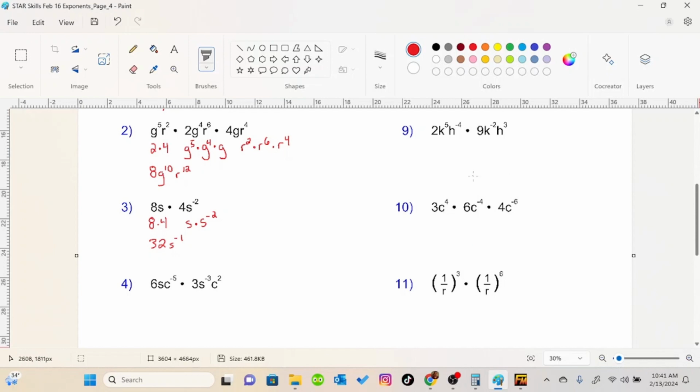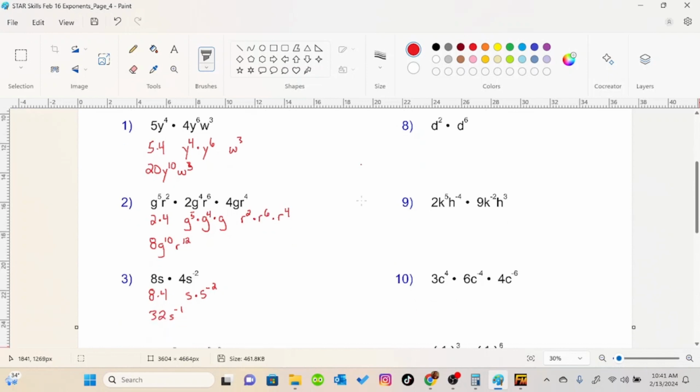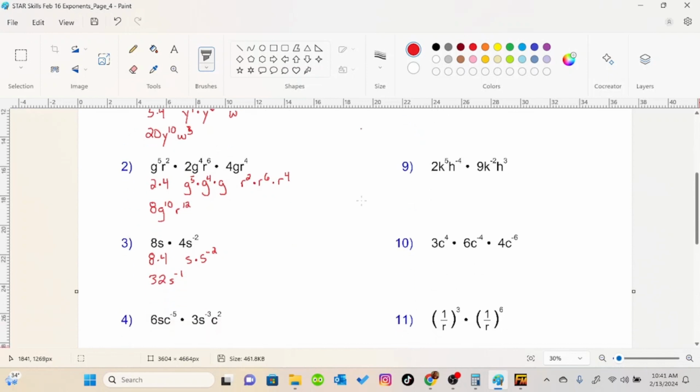But up in the directions, they said your answer should contain only positive exponents. So to make this a positive exponent with the s's, we can make this 32 times 1 over s, because the negative represents 1 over.